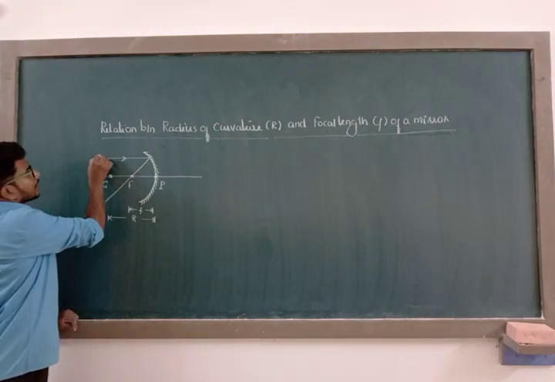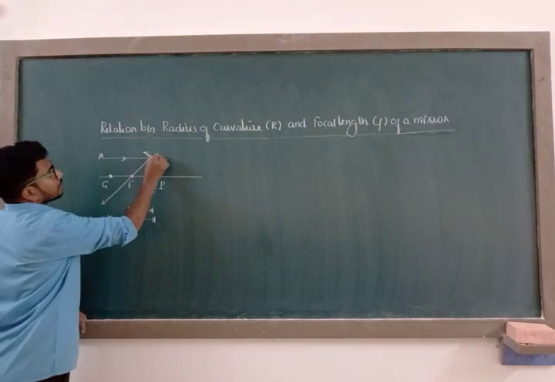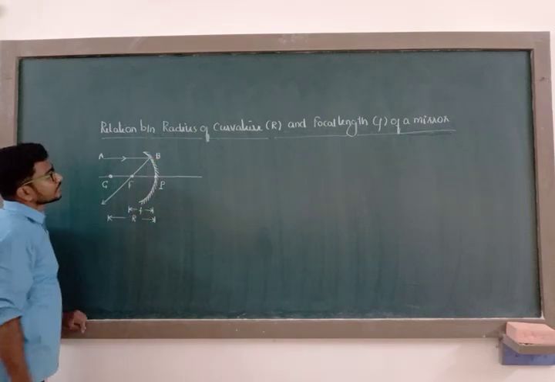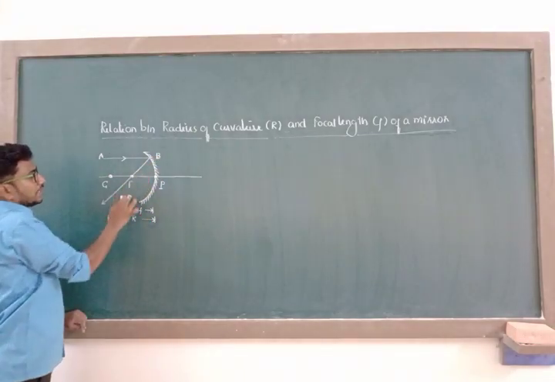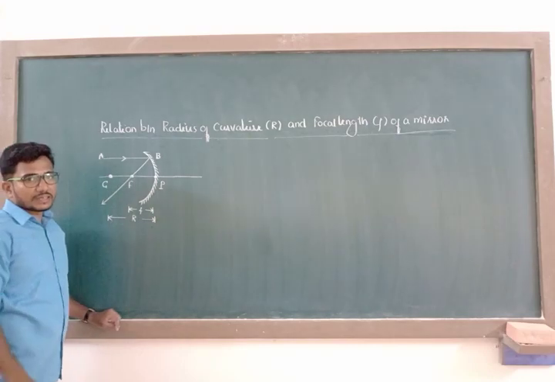Let us say AB be the incident light ray and BF is the reflected light ray.